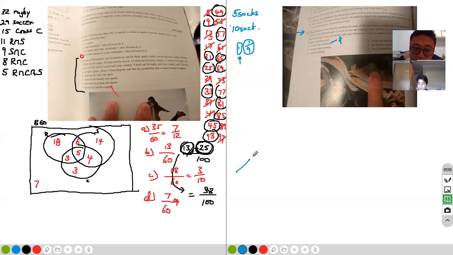So this is choice 1. Let's call these colors A, B, C, D, and E, so it's A1, B1, C1, D1, E1. And then this one would be A2, B2, C2, D2, and E2.